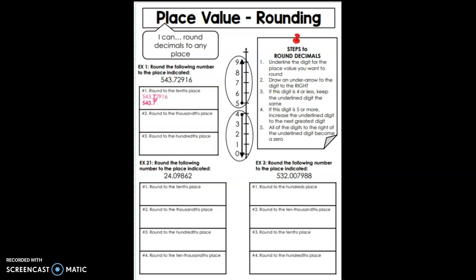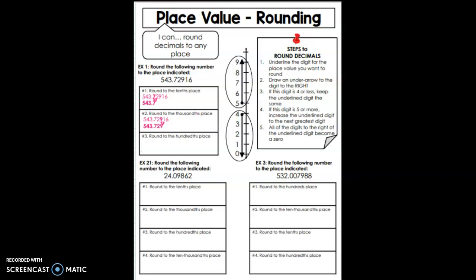So first, we are going to write the number down, draw an arrow from the 7 to the 2, and the 2 is going to tell us whether the 7 is staying the same or whether we need to round the 7 up to an 8. Because we have a 2, we leave it alone, and it's going to stay the same.